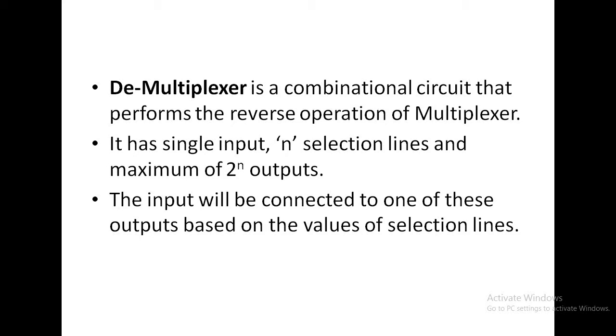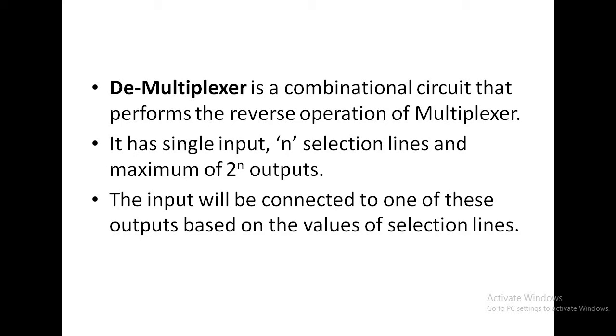Combinational circuit means the output only depends upon the present input. Like your adder, multiplexer is also a combinational circuit. And demultiplexer, as I have already told you, always performs the reverse operation of your multiplexer.